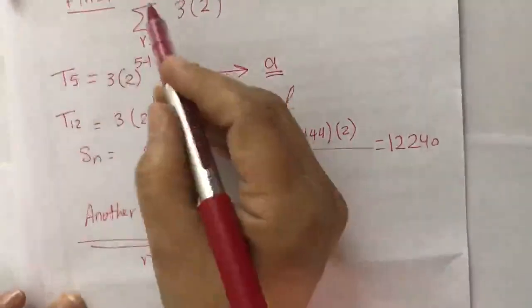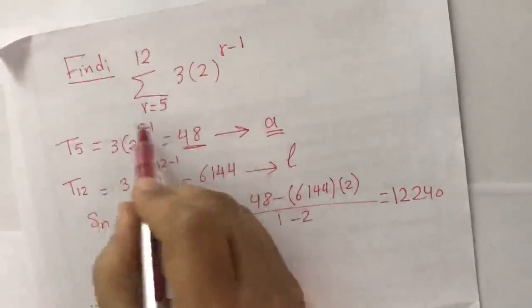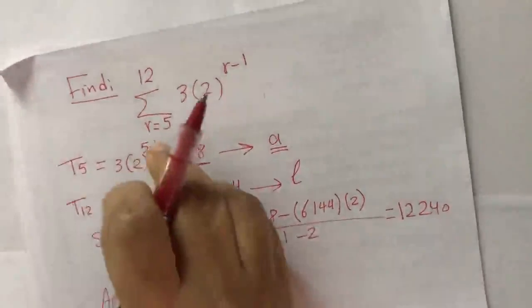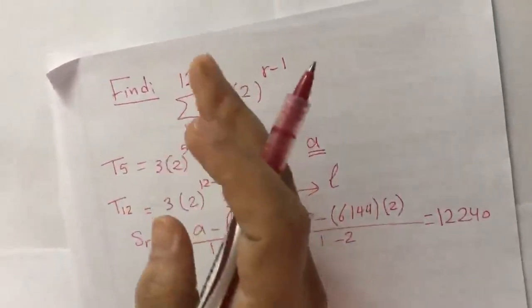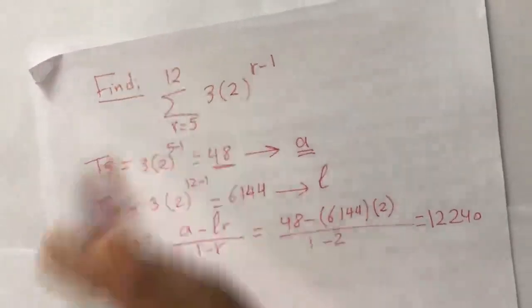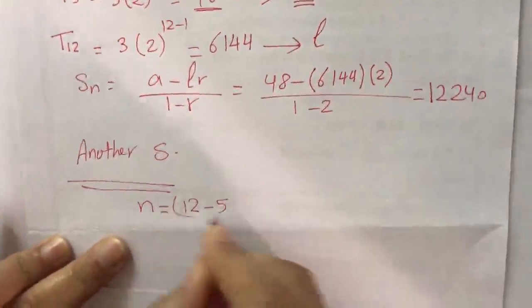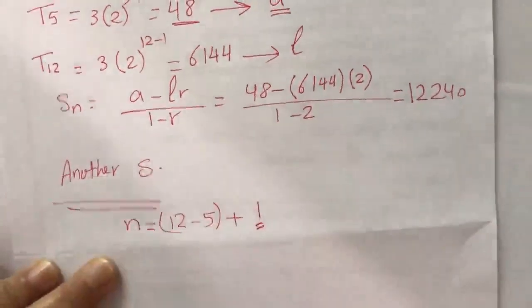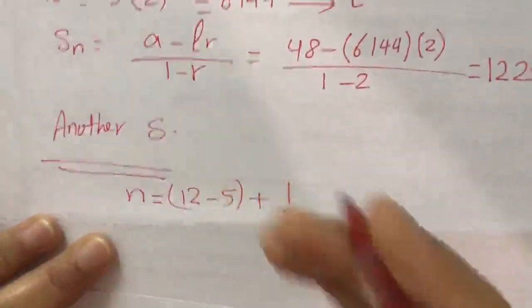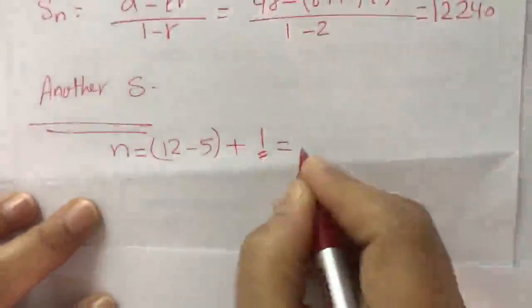No. If you say 12 minus 5 equals 7, it means that you didn't take the fifth term with you. It means you take the terms after the fifth up to the 12th. So here n equals 12 minus 5 plus 1. This means I will take the fifth term with me. I start from the fifth term. It will be 12 minus 5 plus 1.